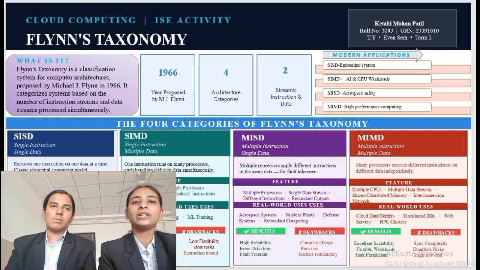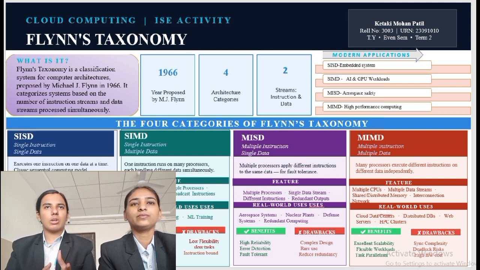So Flynn basically asked how many instructions are running and how much data is being processed. That's a very logical way to classify systems, right? Yes, exactly. On the basis of data and instruction streams, there are four categories, namely SISD, SIMD, MISD and MIMD.